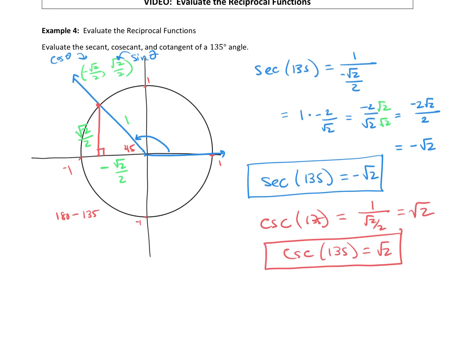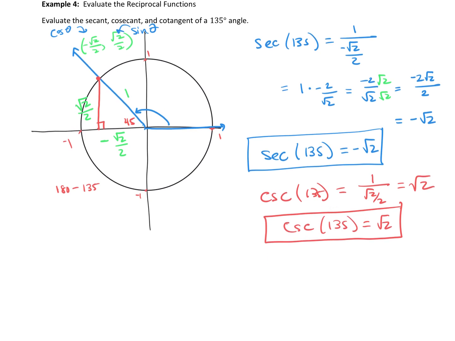All right, last we have cotangent. So cotangent of 135 is equal to the reciprocal of your tangent. Your tangent is opposite over adjacent. So let's do the adjacent, negative root 2 over 2, divided by the opposite, root 2 over 2.